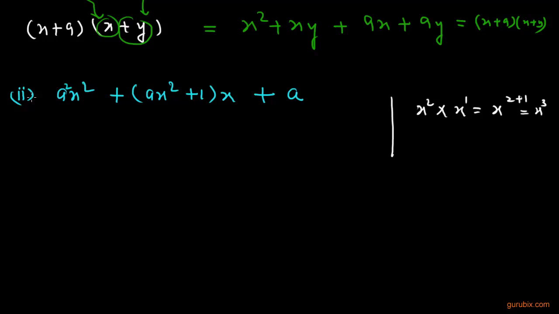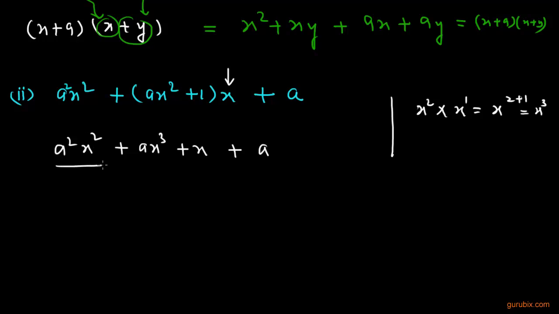Now we shall move to the second part, and this is a square x square plus a x square plus 1 into x plus a, and we have to factorize this algebraic expression by method of grouping its terms. So first of all we shall multiply this bracket with this x, and then we get a x cube plus x, and here is a and here is a square x square.